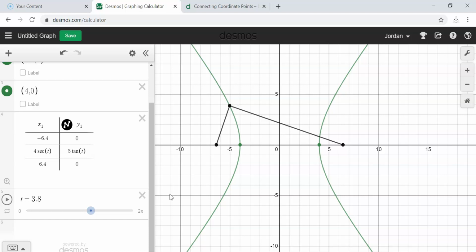Obviously, this sum of these two lengths has to be more than the distance between the foci, because of a triangle versus a straight line situation.